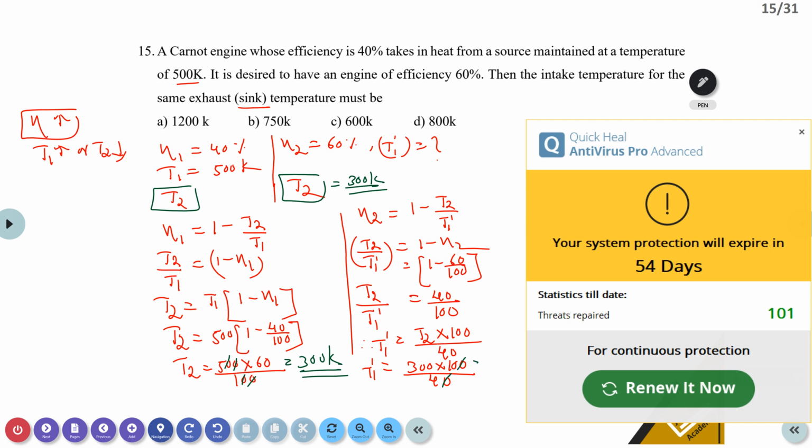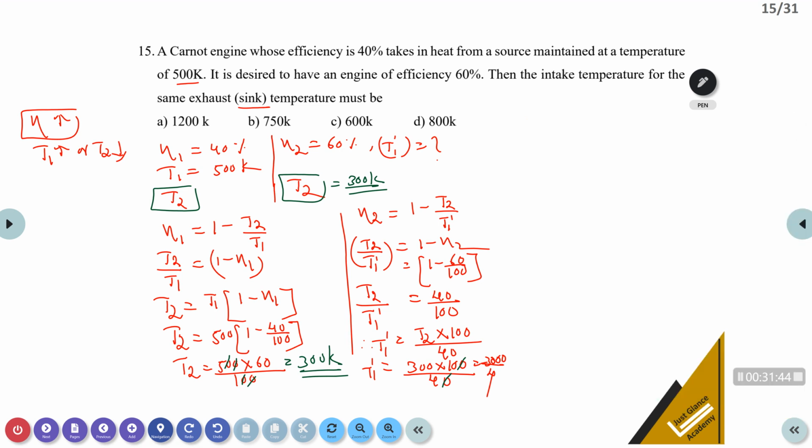This becomes 3000 divided by 4, which is 750 Kelvin. This is T1 dash. So this is the right choice.